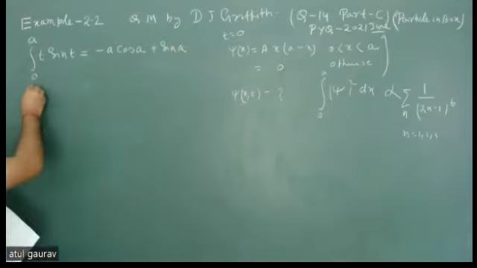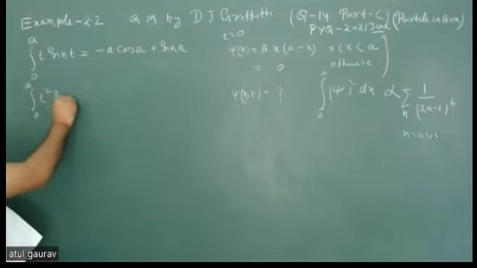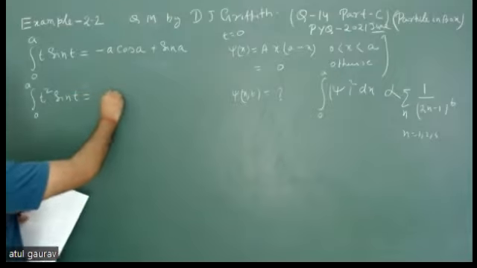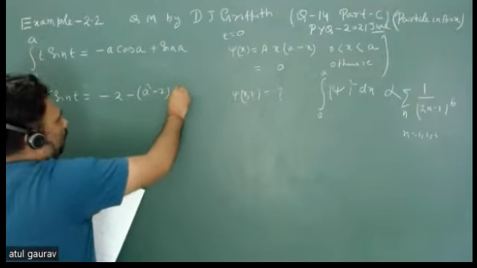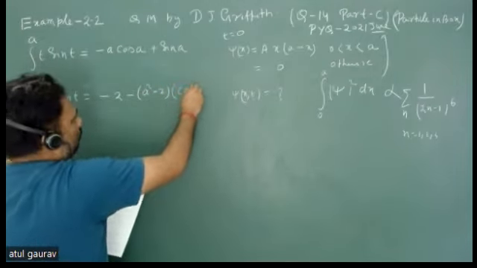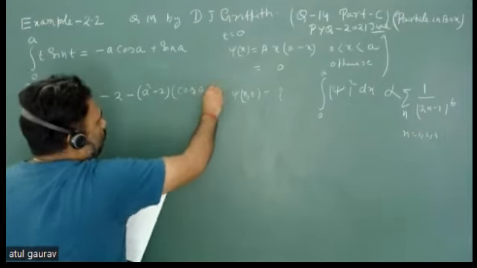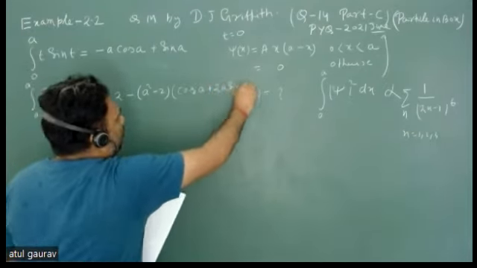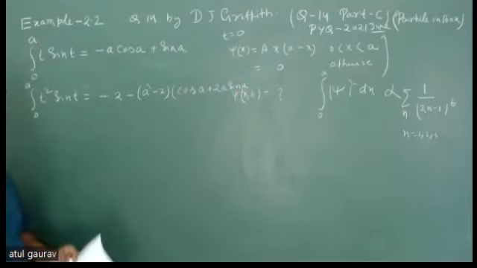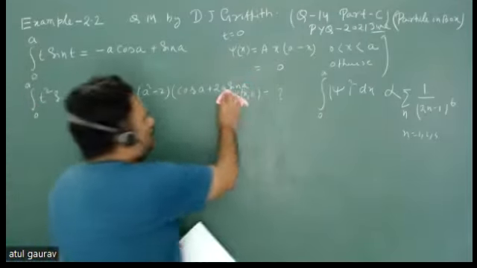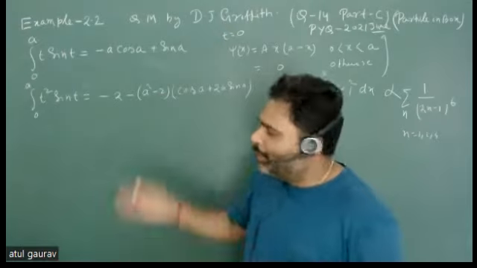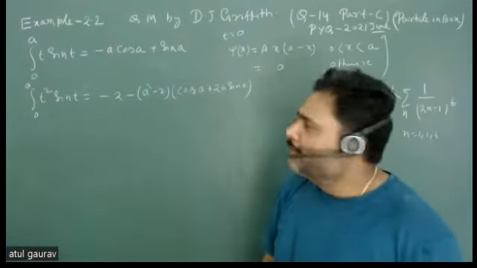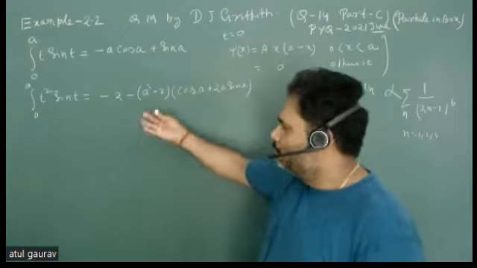The second formula is the integral from 0 to a of t squared sine t dt equals minus a squared minus 2 times cos a, plus 2a sine a. We can use this space throughout. If they do not give these formulas in the examination, it will take at least an hour to solve, so they have given you the formula and you just have to manipulate it.